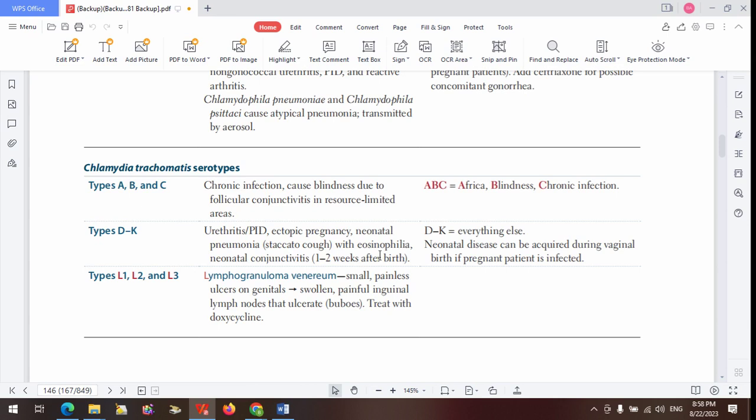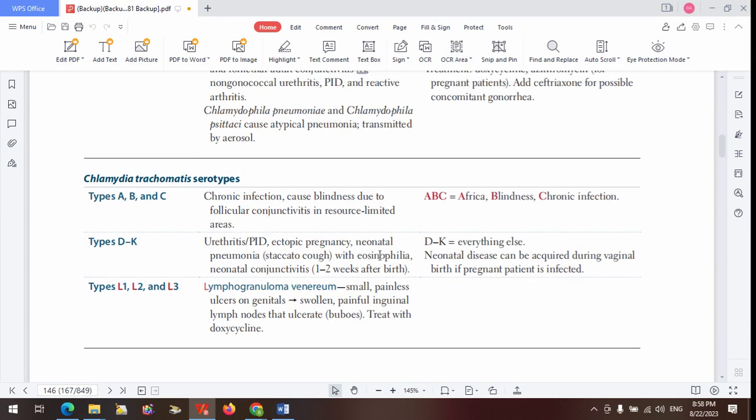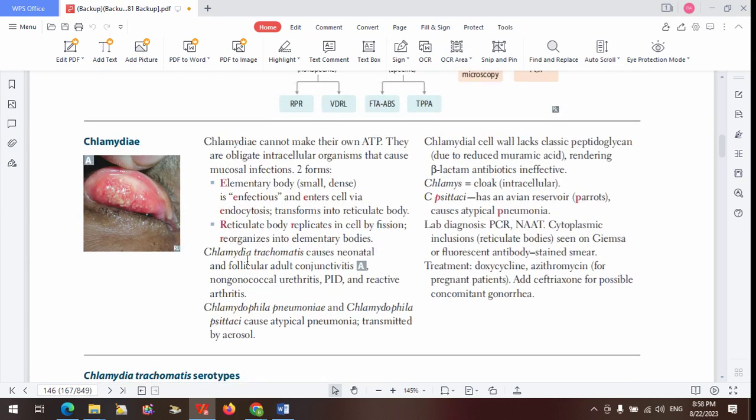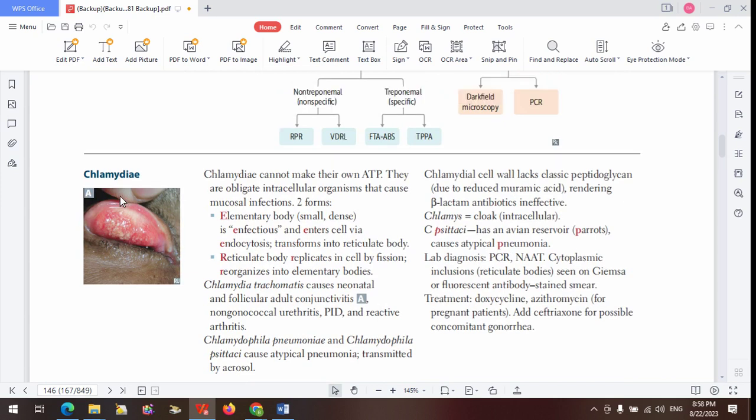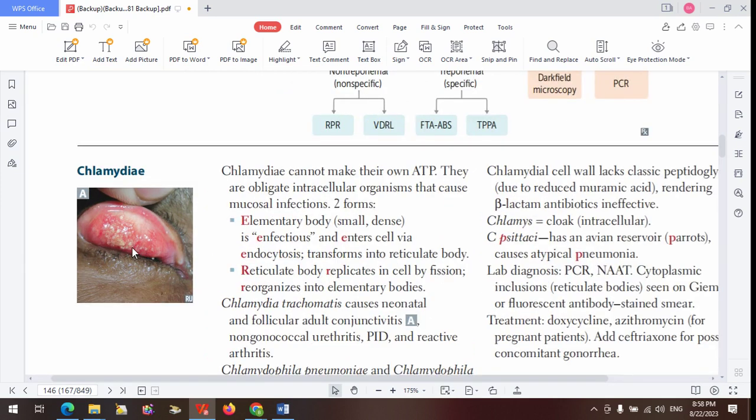The ABC serotype is the one that causes trachoma, the follicular conjunctivitis that affects the eye. That is the first one, and it causes follicular conjunctivitis that looks granulomatous. These things are like the follicles.